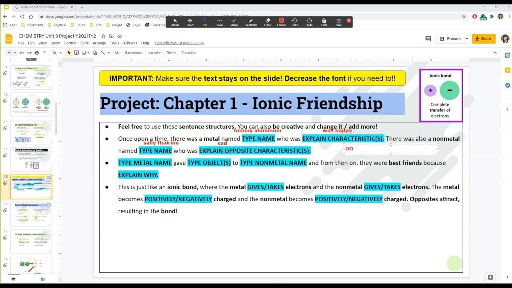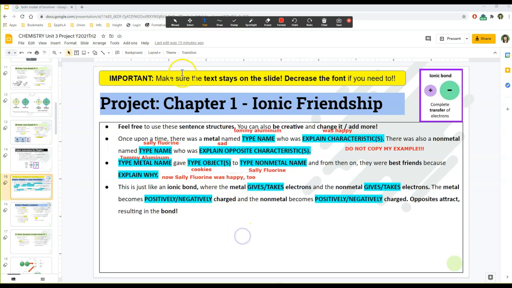All right, so again, do not copy my example. Okay, so then Tommy Aluminum gave cookies to Sally Fluorine. And from then on, they were best friends because now Sally Fluorine was happy too. Okay, so that would be my reasoning.